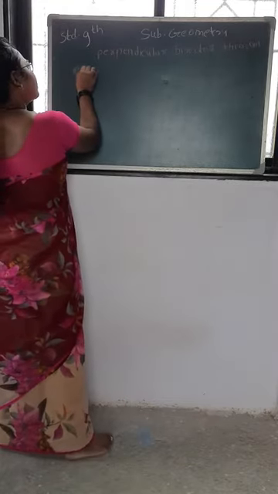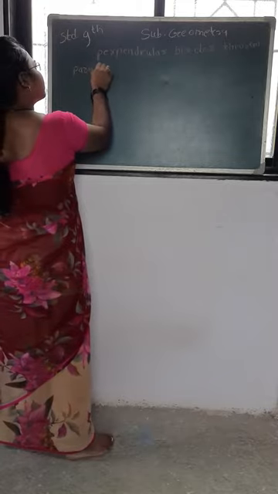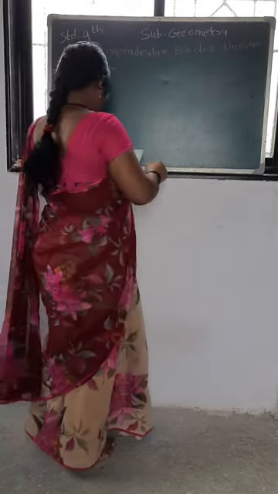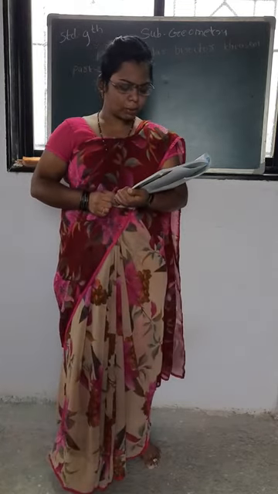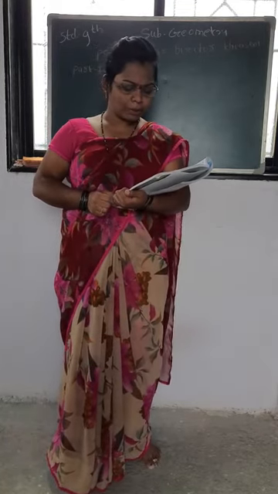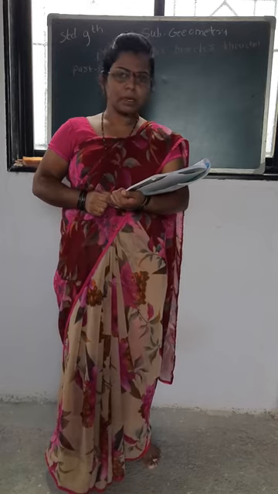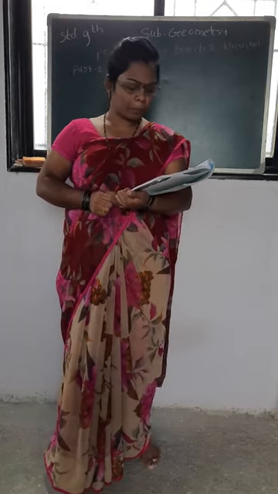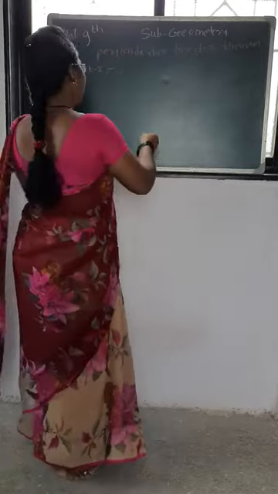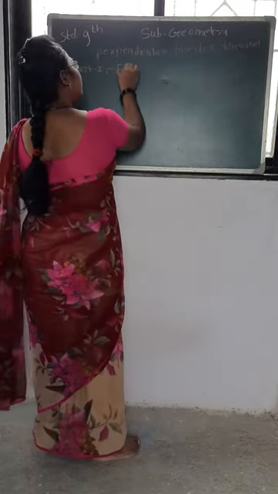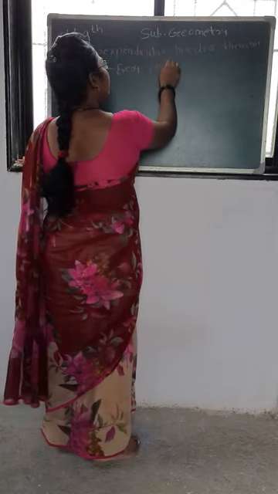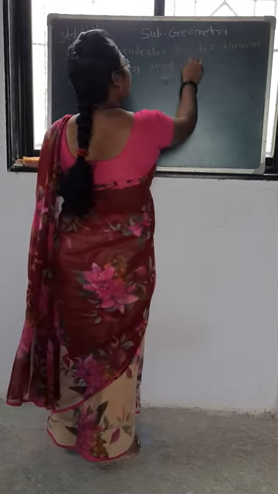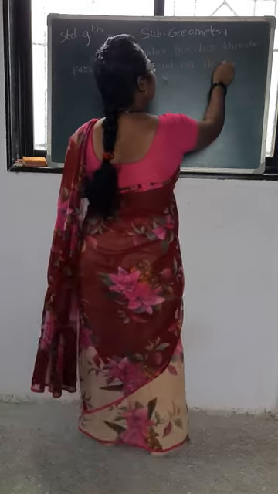The statement of the part first is: every point on the perpendicular bisector of a segment is equidistant from the end points of the segment.